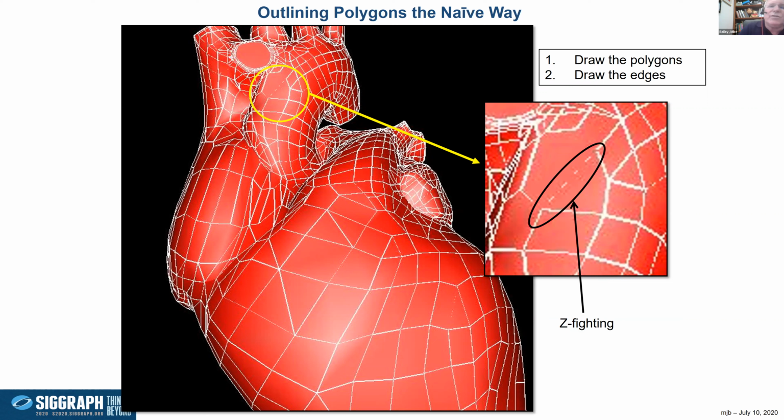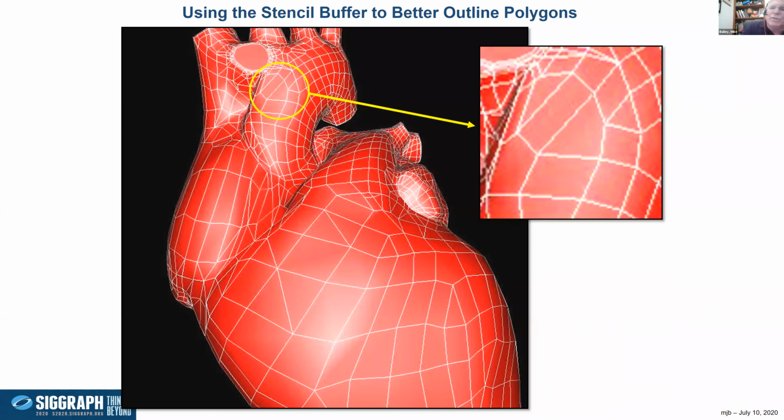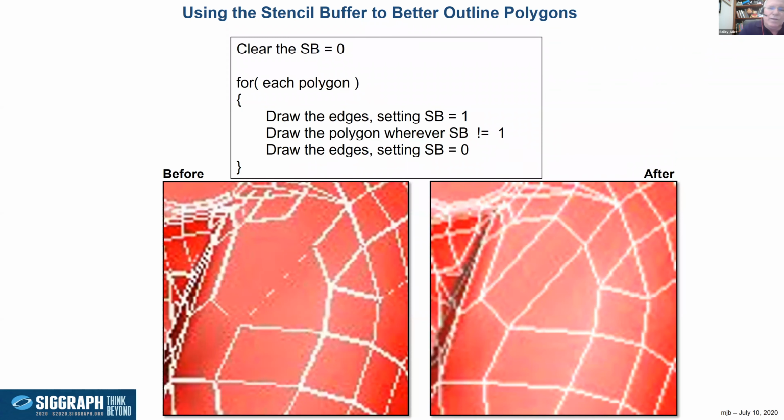If you just draw edges on top of polygons, you get this Z-fighting effect right here. It looks like stitching, but it's really Z-fighting. Whereas if you use the stencil buffer to write protect those areas and then draw the edges, you get really clean edges. This versus this.